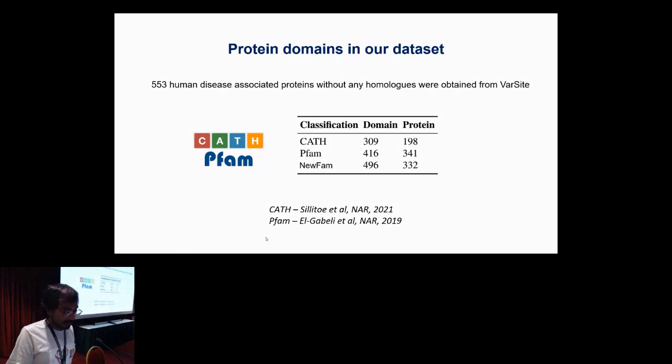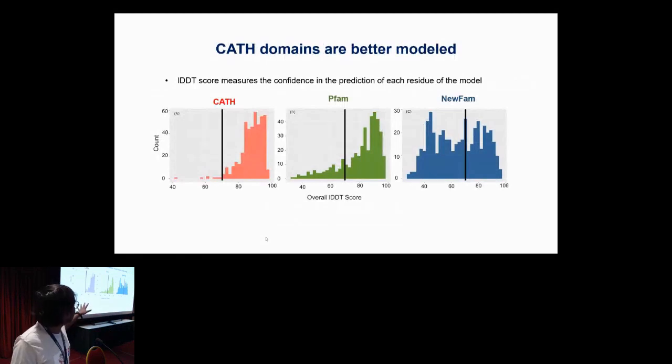We saw that the CATH domains are modeled better. These three histograms show, for each type of domain, the pLDDT score, which is the average of the lDDT score of each residue. The vertical line is the 70 cutoff suggested by them, above which a model is considered well modeled.